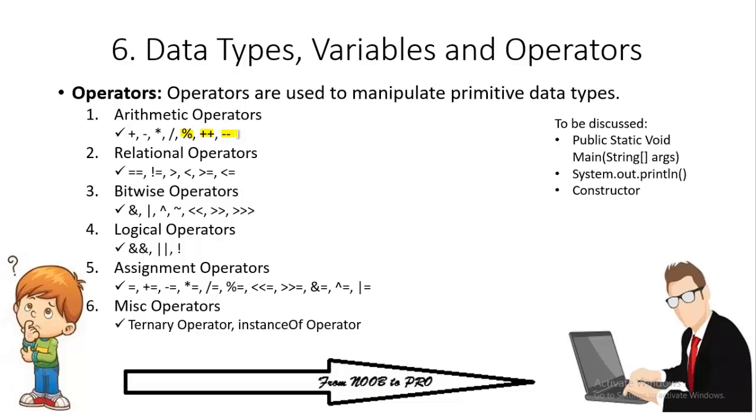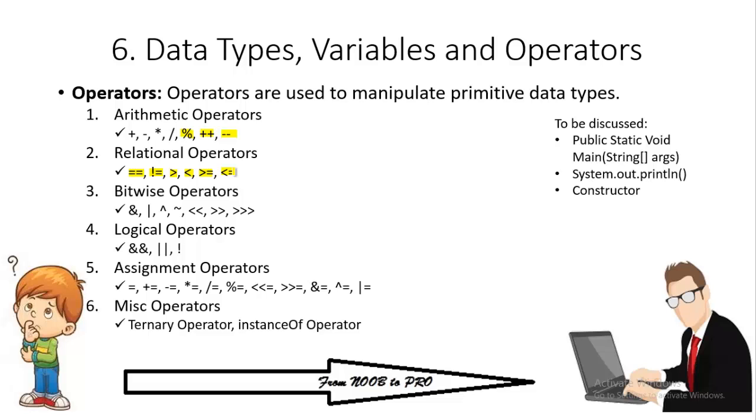Okay, the second type of operators are relational operators. These are used when we need to compare two data. So equal to is equals check. This is not equal to, not equals check. And we have the common greater than, less than, greater than equal to, and less than equal to.